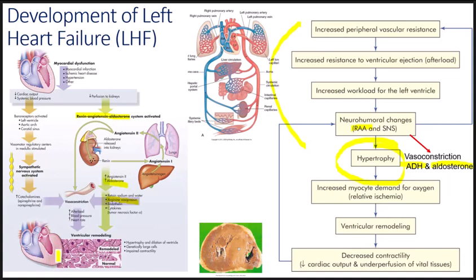And a harder working heart means that the myocytes that make up the muscles are going to need more oxygen while they're working harder. Remodeling will eventually be evident, and then the heart won't be able to contract properly, which means we have this reduction in cardiac output, reduction in systemic blood pressure, and underperfusion of vital tissues for survival.